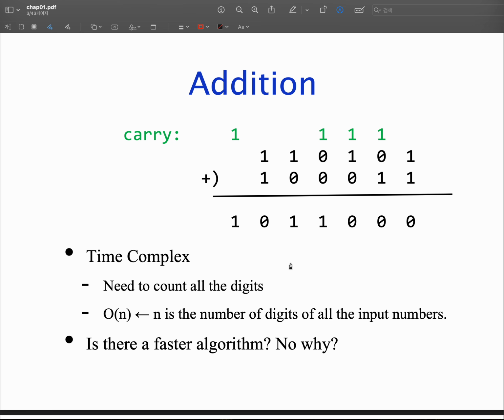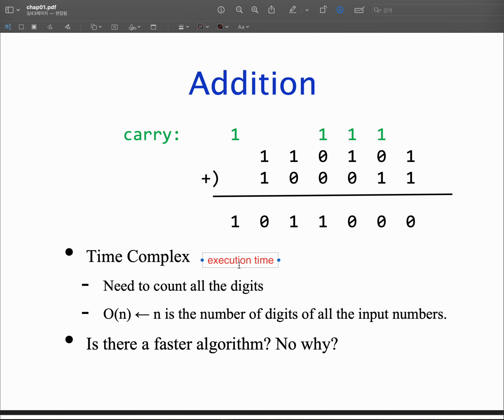Then the next step is analyzing the time complexity. That is the execution time in a computer algorithm.